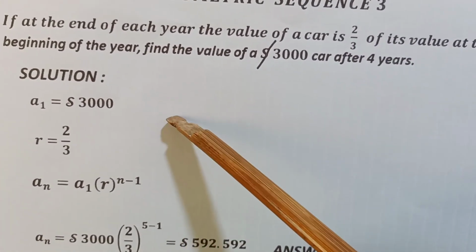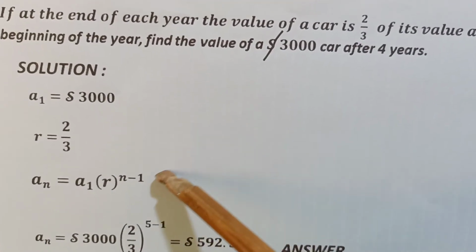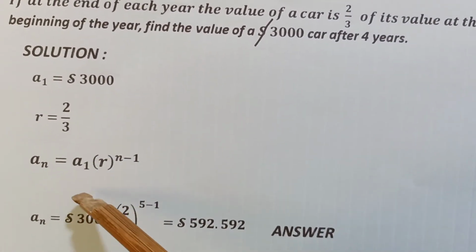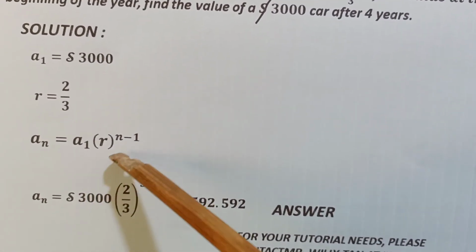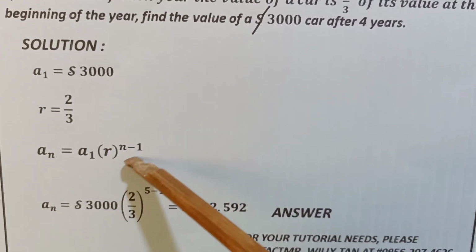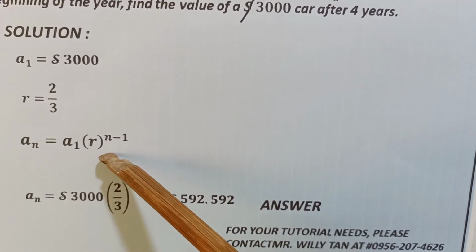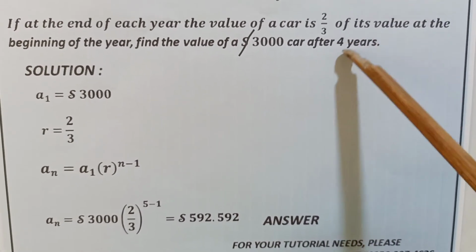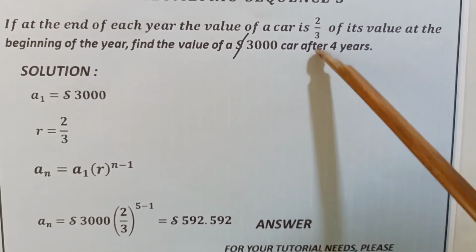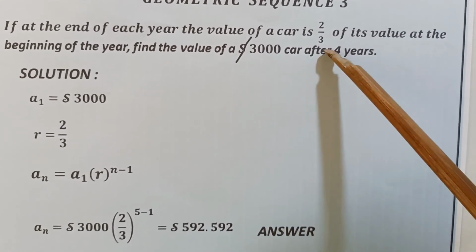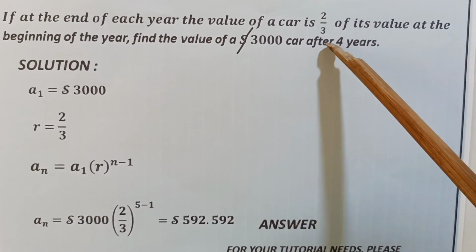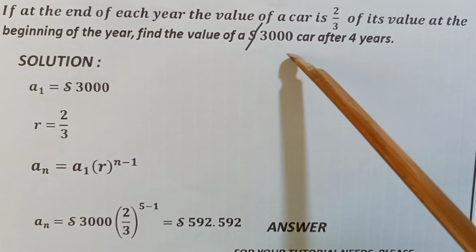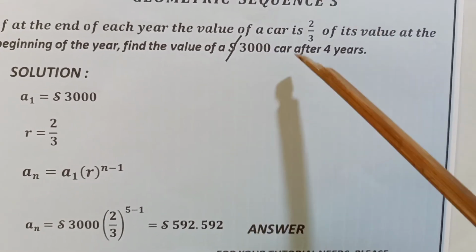And a sub n will be, using the formula, a sub 1 times r raised to n minus 1. I want you to note that this n here is not 4. Why? Because at the beginning of the year, the value of the car is already $3,000.